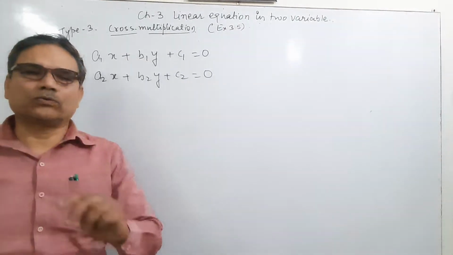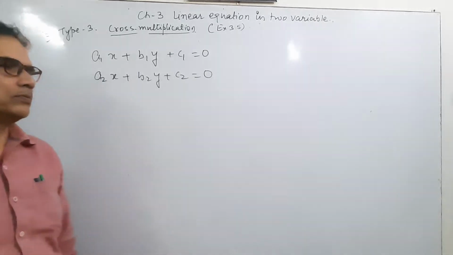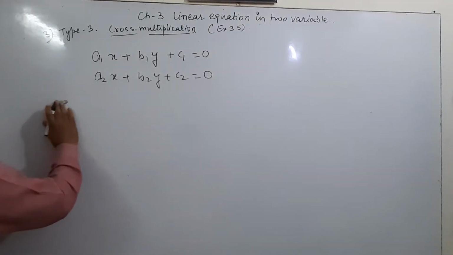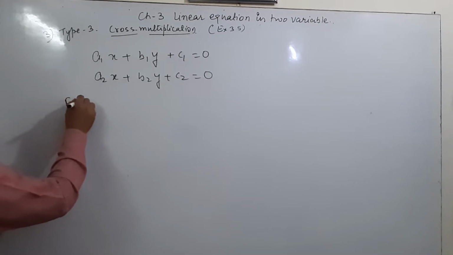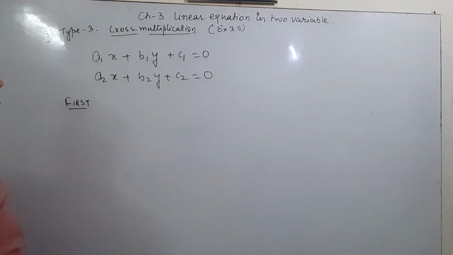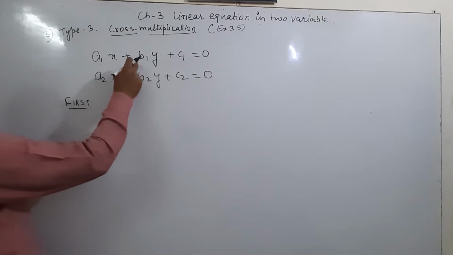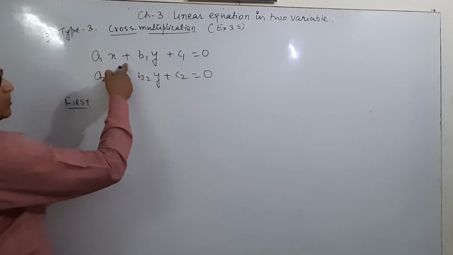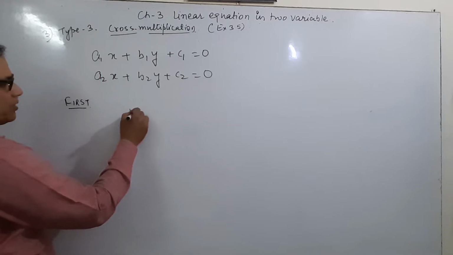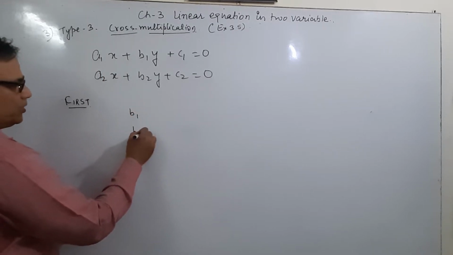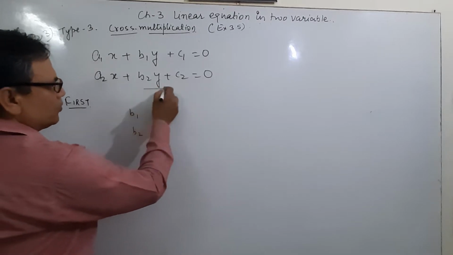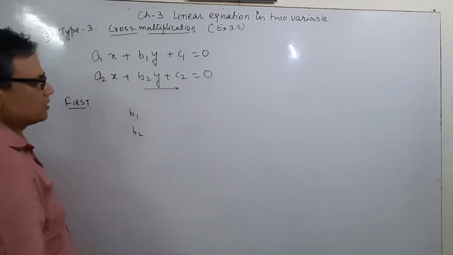There are two methods we can do. First method, you have to start to write the coefficient of y. Whether it is minus, you have to write minus. Write the coefficient of y, b1, b2, and then move toward the right, c1.